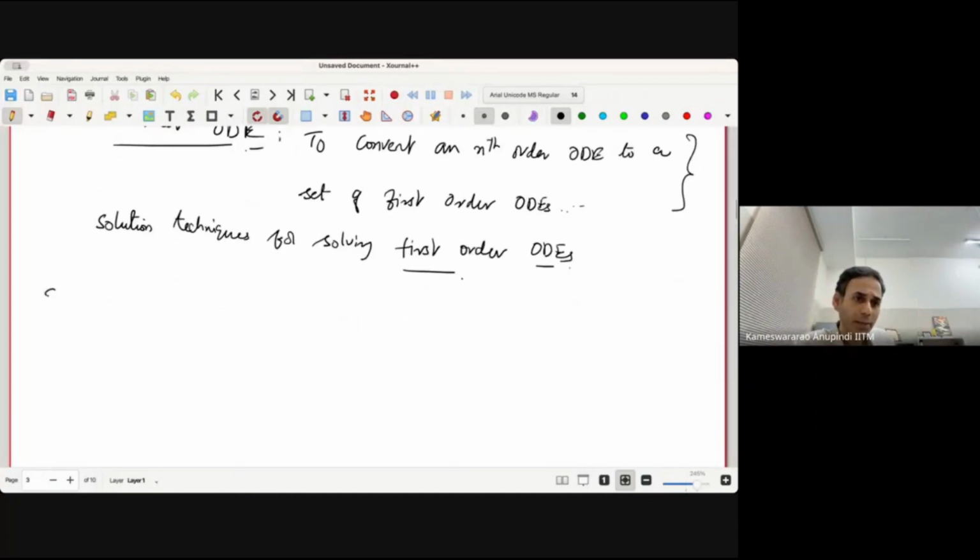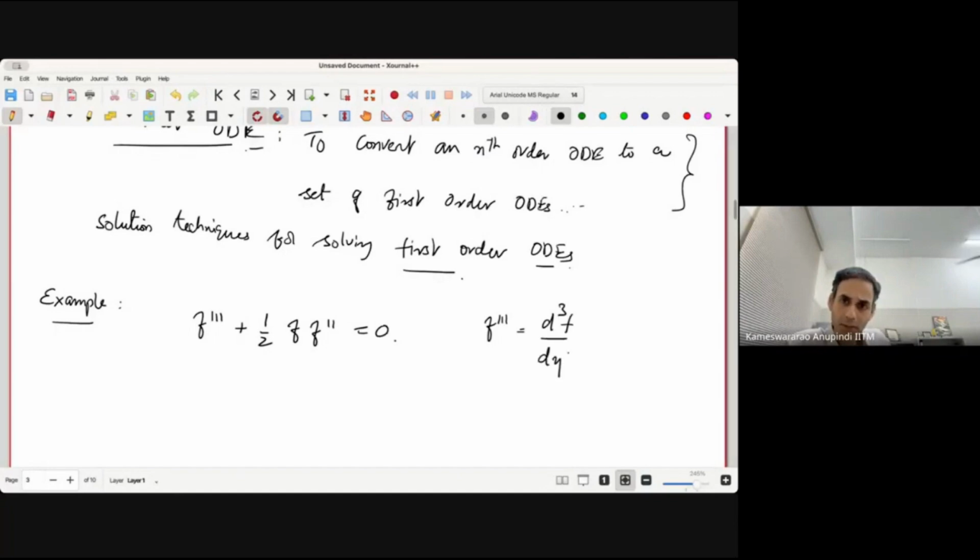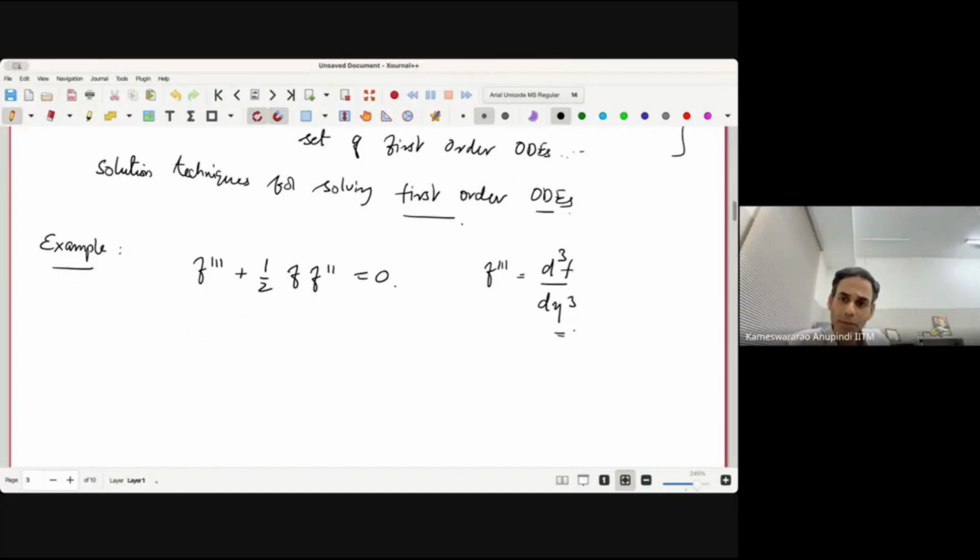So let's look at an example of a higher order ODE. Let us look at a third order ODE. Let us consider an ODE which is f triple prime plus half f double prime equal to 0. When I say f triple prime here, we are referring to d cube f by d eta cube, where eta is my independent variable and f is my dependent variable.